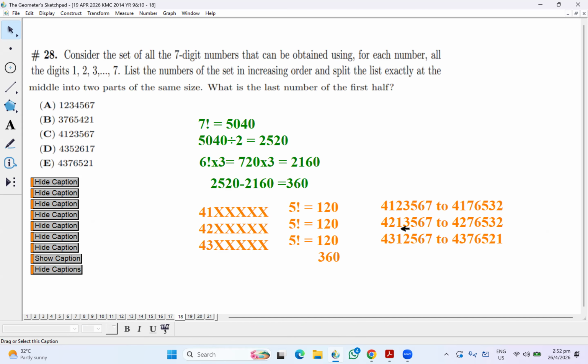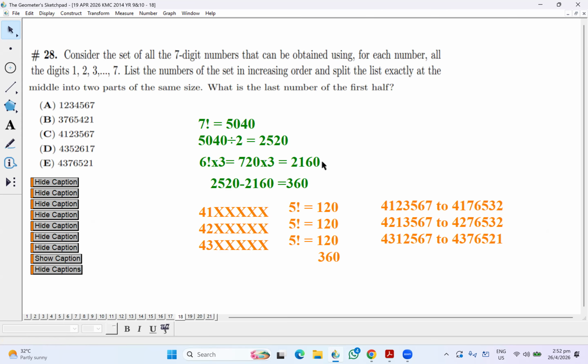Start with 4, 2, then start with the smallest, 1, 3, 5, 6, 7. Then the biggest starts with 7, 6, 5, 4, 3, 2. When you start with 4, 3, 1, 2, 5, 6, 7, and then 7, 6, 5, 2, 1. So 120, 360 already.